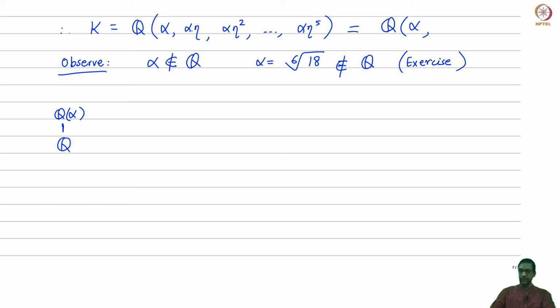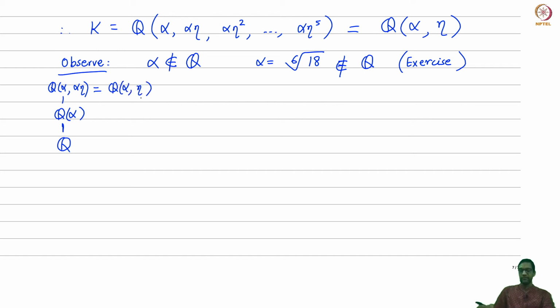And now, of course, I need to adjoin the next guy, which is alpha eta. But adjoining alpha eta is the same as just adjoining eta itself, because alpha is already there. I can multiply alpha eta by alpha inverse, so if I adjoin alpha and alpha eta, that also means that eta belongs to the adjunction. So observe that Q(alpha, alpha eta) is actually the same as Q(alpha) adjoin eta.